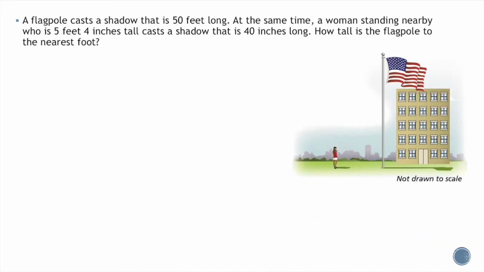Here we have something a little bit different. So a flagpole casts a shadow that is 50 feet long, which means that the distance between the flagpole and the end of the shadow is 50 feet. And a woman that's standing by, who is 5 feet 4 inches, casts a shadow that is 40 inches long.